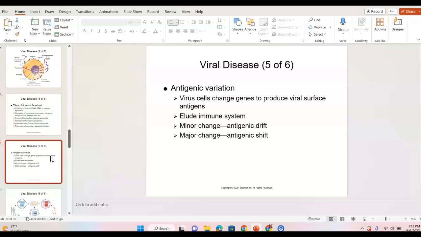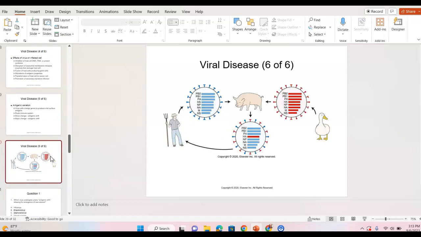For a major change, it's antigenic shift. We saw this with the coronavirus. There was a major genetic change with that virus. Our bodies were not even remotely used to it and were not able to provide any response, because it was so new and the genetic material was so new.